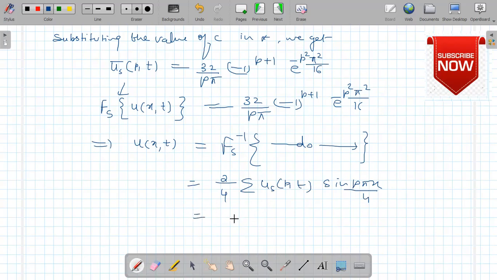So we have 1 upon 2 of 32 upon p pi. So we can take 32 upon pi outside, so that we have 16 upon pi summation minus 1 raised to the power p plus 1 over p, e raised to the power minus p square pi square. This is t also, I have skipped this.